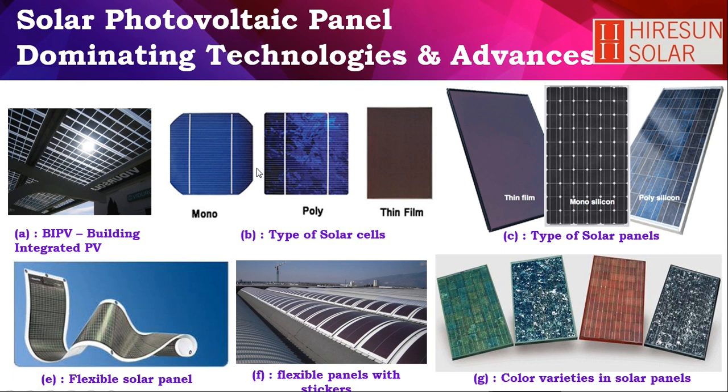These cells are accommodated, and we can have photovoltaic panels to be used in the solar power plants. This is a new concept of the flexible solar panel. Many of you might have heard that. It is also in the form of stickers, where we can have stickers of solar panel on a flexible shape. And in the market a number of color varieties are also available.